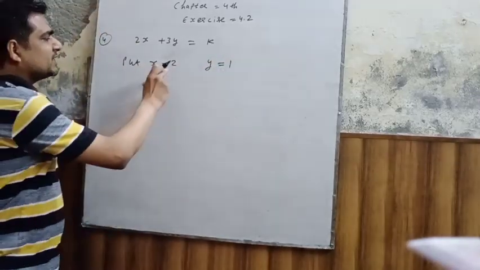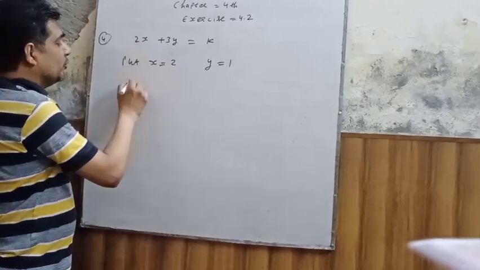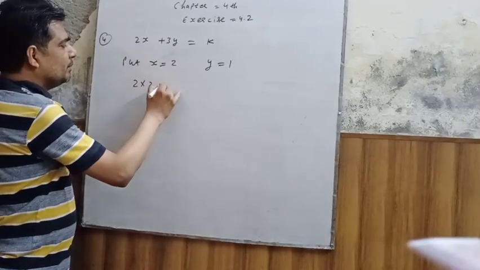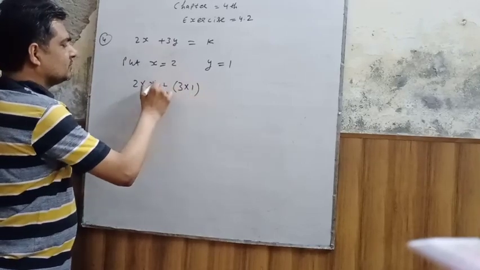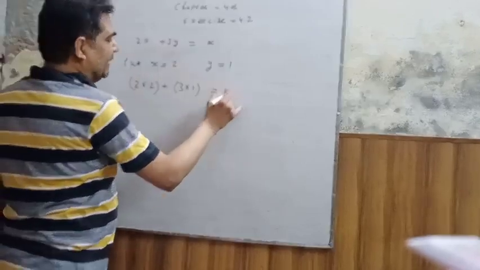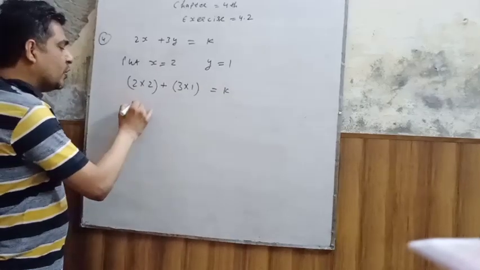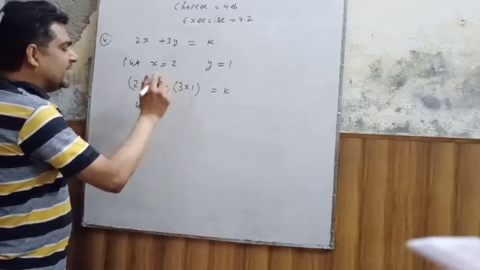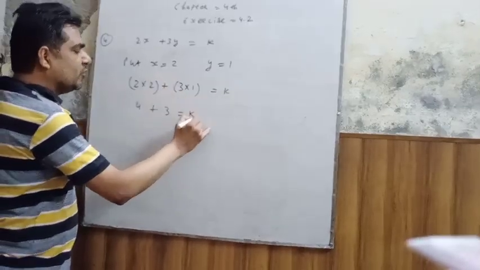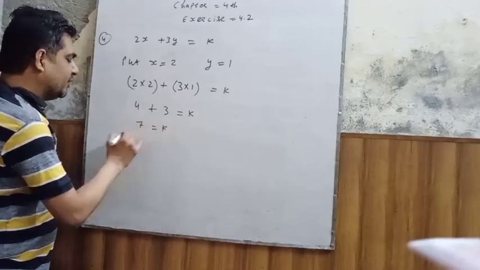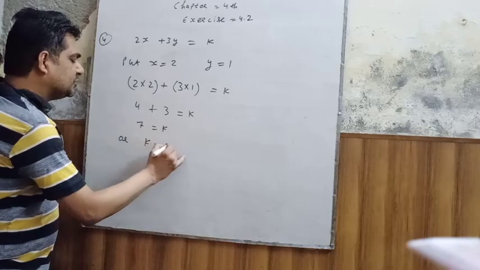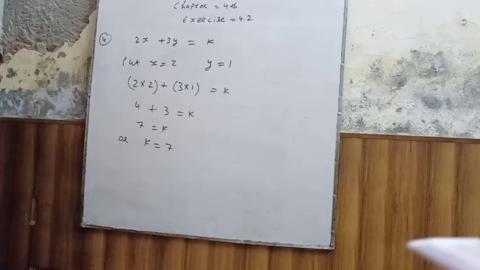Instead of x we write 2. 2 into 2 plus 3 into 1 is equal to k. 2 into 2 is 4, plus 3 into 1 is 3, is equal to k. 7 is equal to k, or k equal to 7. So the value of k is 7.